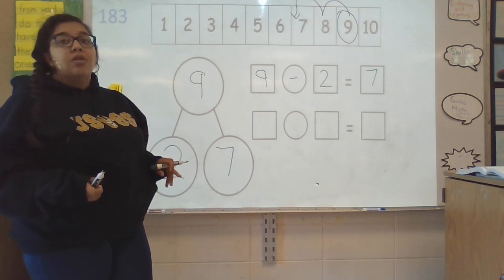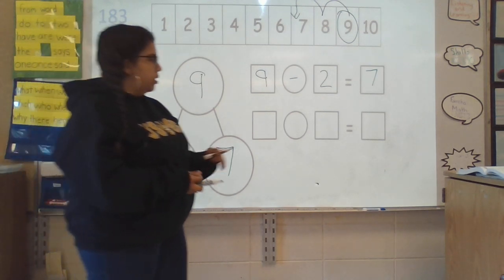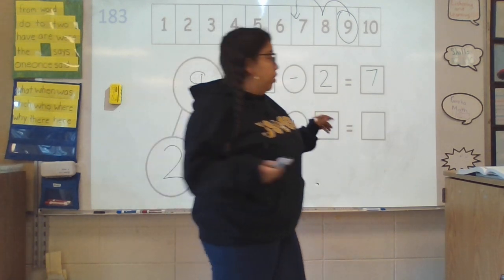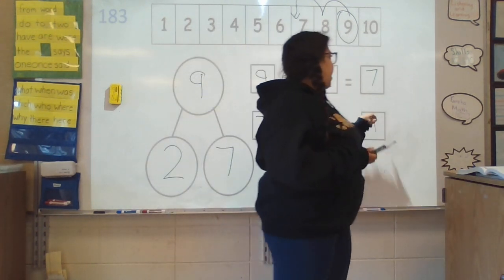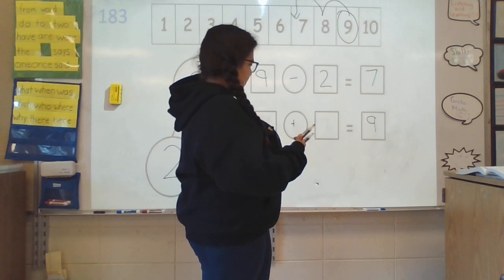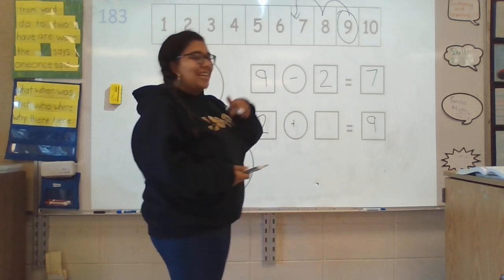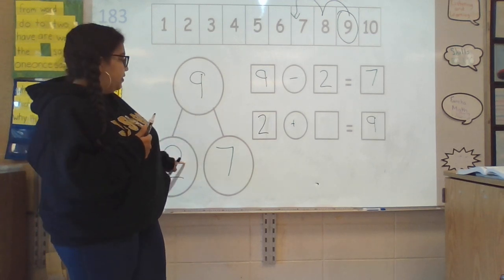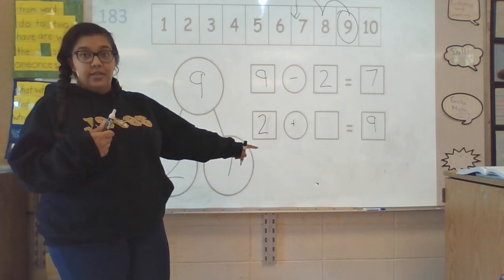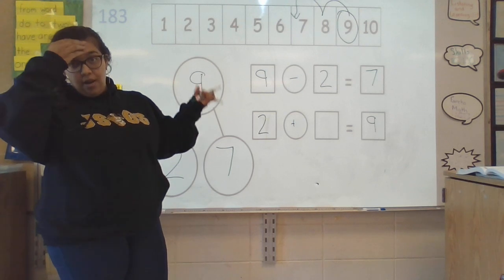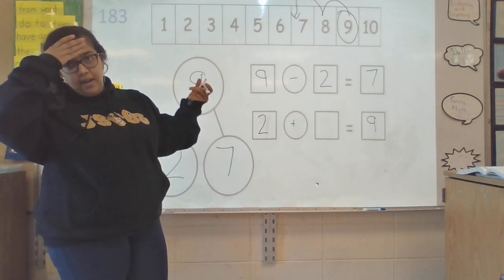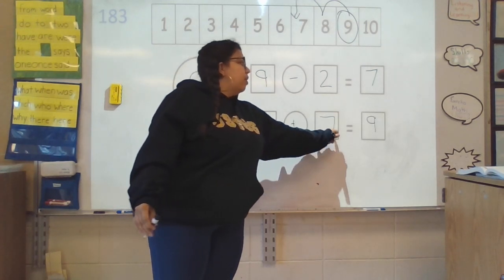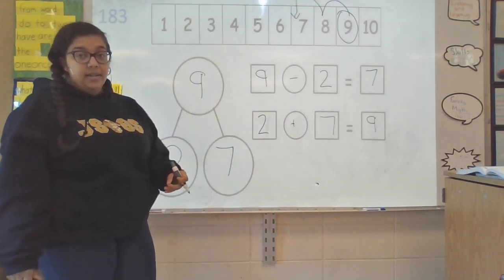But I'm going to check it with my addition sentence that I'm familiar with. 7 plus some more was 9. 7 plus 2 would have also been true, but based on how it was given to us, we want 2 first this time. Even if we were to count on to solve it, we would have done 7, 8, 9. But 2 plus 7 is also equal to 9.